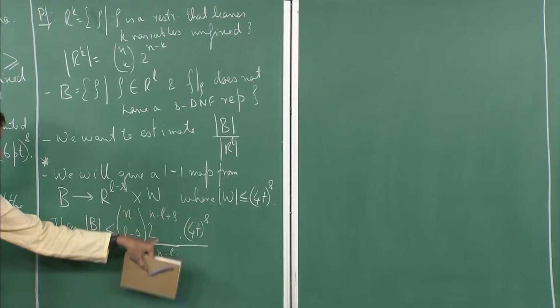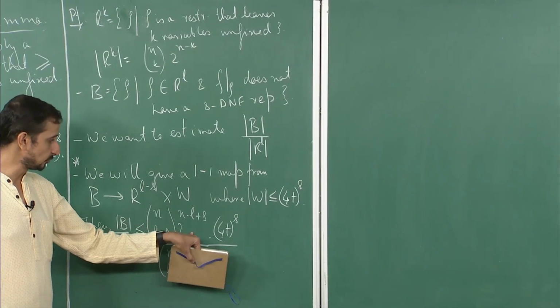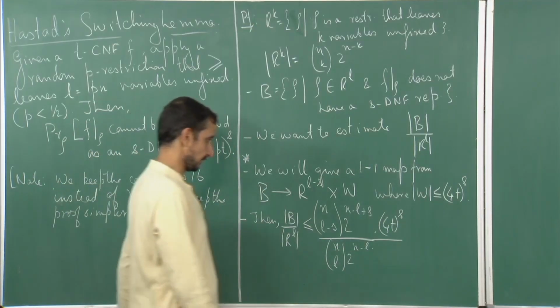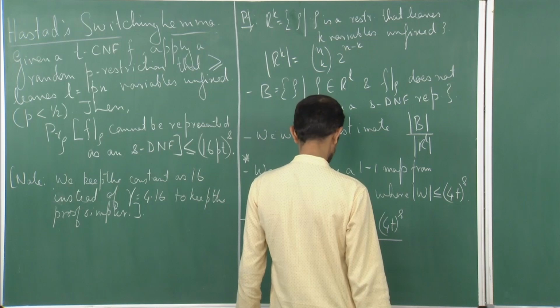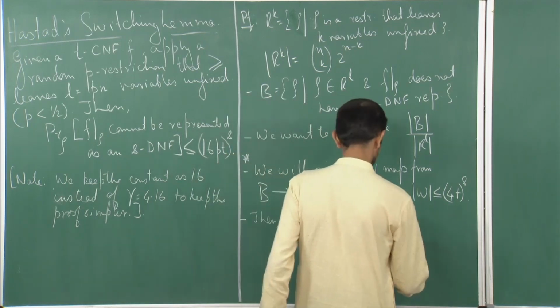So these two cancel off, and I get a 2 to the power S term over here. And 2 to the power S into 4t to the power S gives me 8t to the power S.